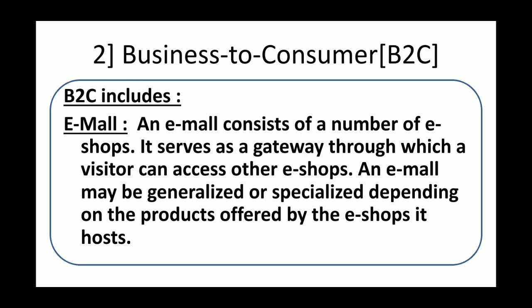Similarly, Amazon.com is a huge, vast website. In it they have e-malls. In an e-mall, there will be different e-shops, uncountable e-shops all over the world. Whenever you purchase a product, it will come from that e-shop. You may purchase from Gujarat, you may purchase a Rajasthani product, you may purchase from Karnataka.